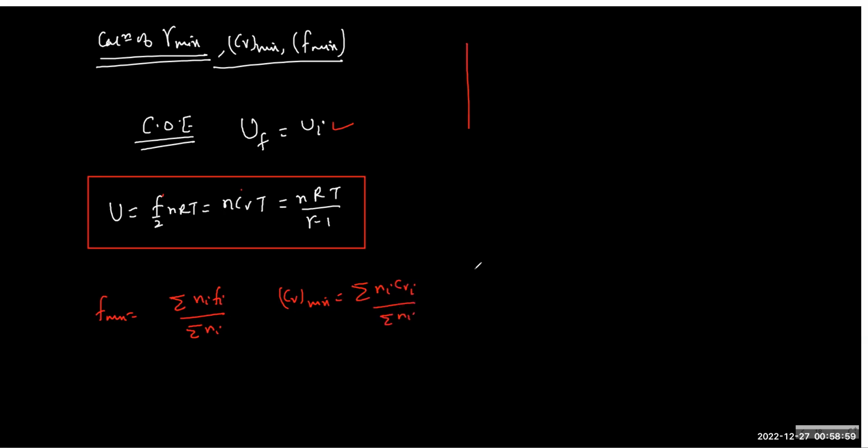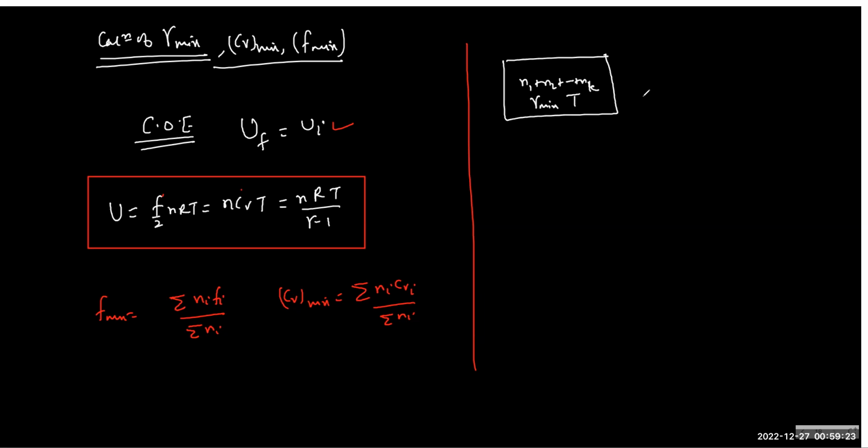That's it. Now gamma mix is slightly interesting because gamma is in the denominator. But I'll show you how to write it. So for the entire system, when you say this is a mixture of gas, then you assume the gamma is uniform for all.